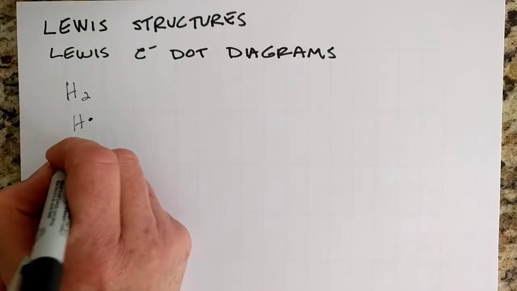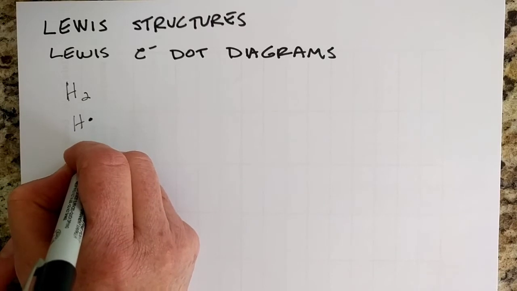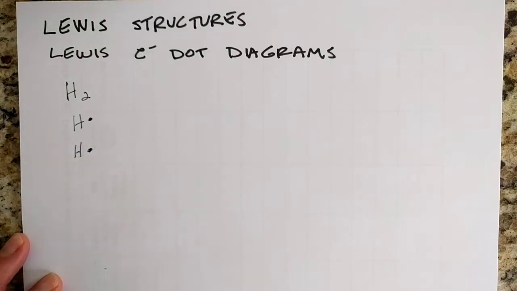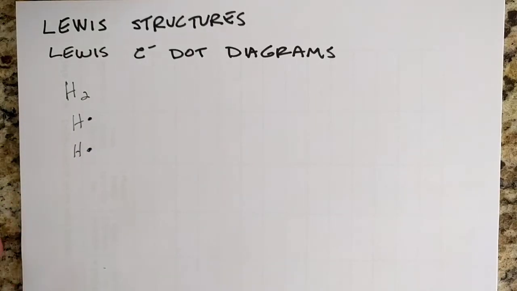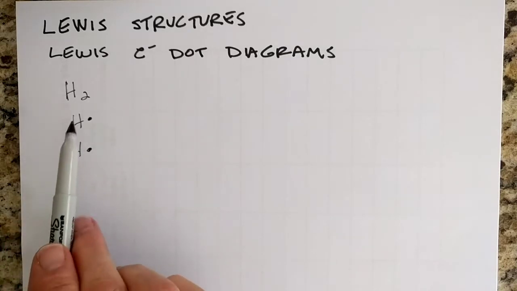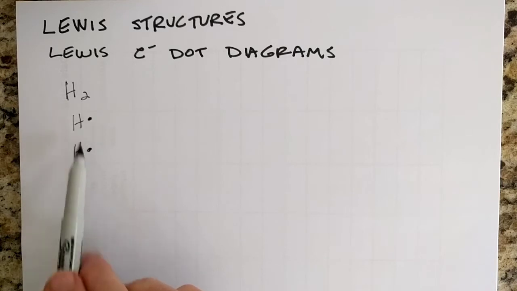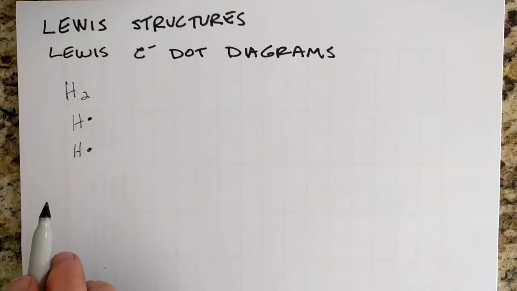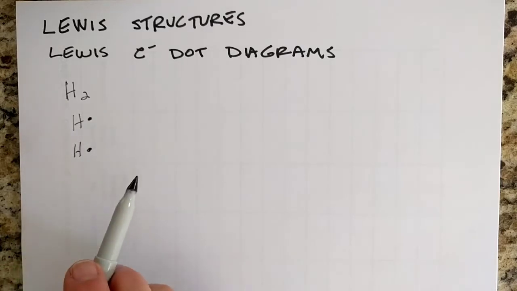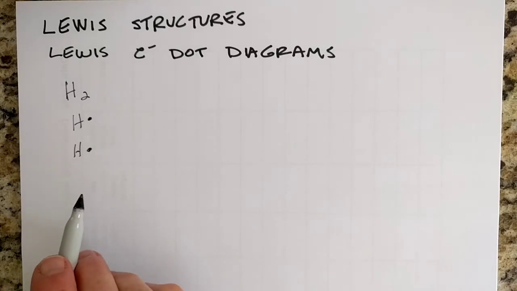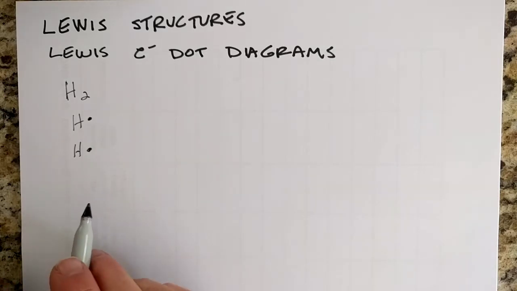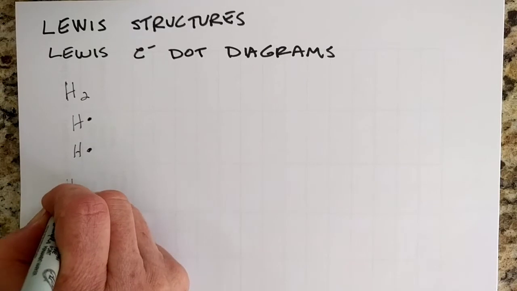And if we have 2 hydrogens, they're represented as 2 atoms of hydrogen, each with their 1 valence electron. So for a molecule of H2, these 2 hydrogens are going to share their 1 valence electron because hydrogen wants to be like helium. Helium has 2 valence electrons and helium is very stable. So they're just going to share their electrons.